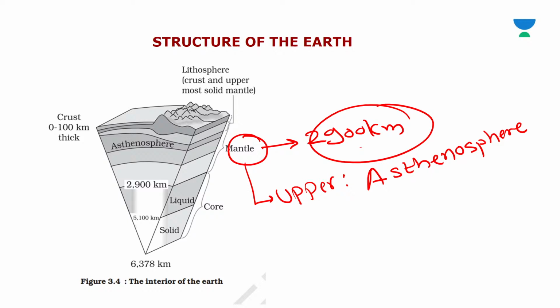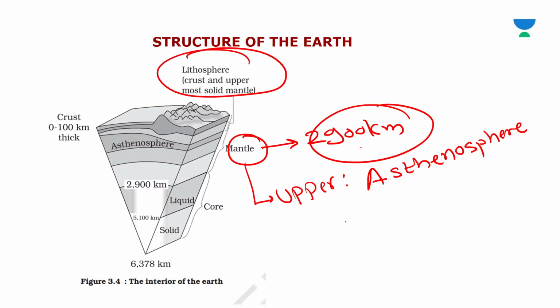The upper portion of the mantle is called asthenosphere, and the word astheno means weak. It is considered to extend up to 400 kilometers, and it is the main source of magma that finds its way to the surface during volcanic eruption.